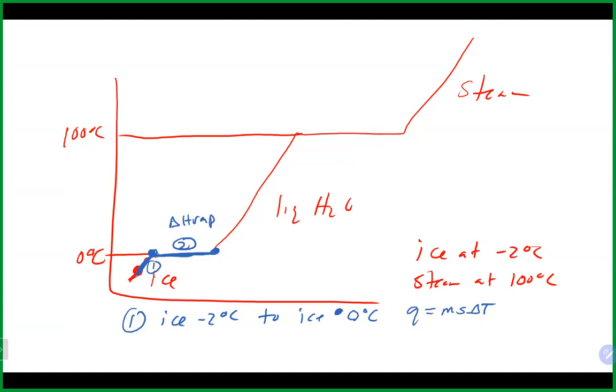So for example, if we had a number for the second step, we would take the mass of our water, which normally would be in grams, times the heat of fusion for water, which is like 335 joules per gram. That will give us how many joules it takes to not really change temperature, but take it from 0 degrees solid to 0 degrees liquid.